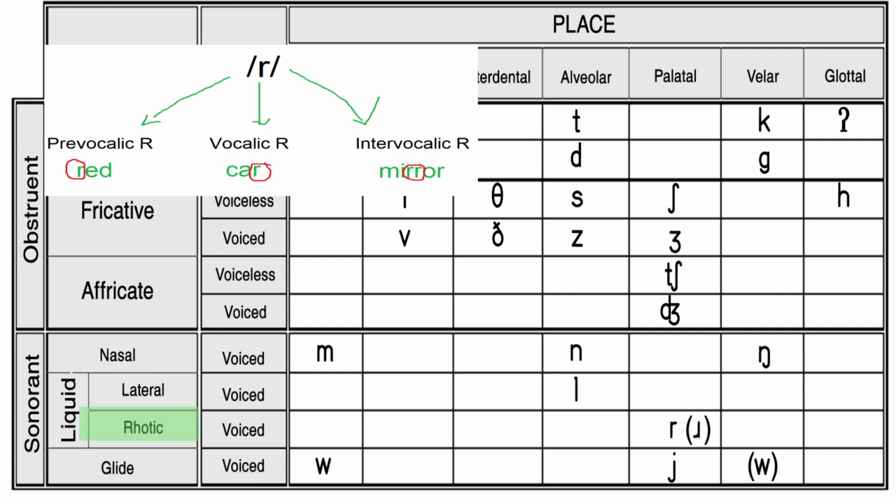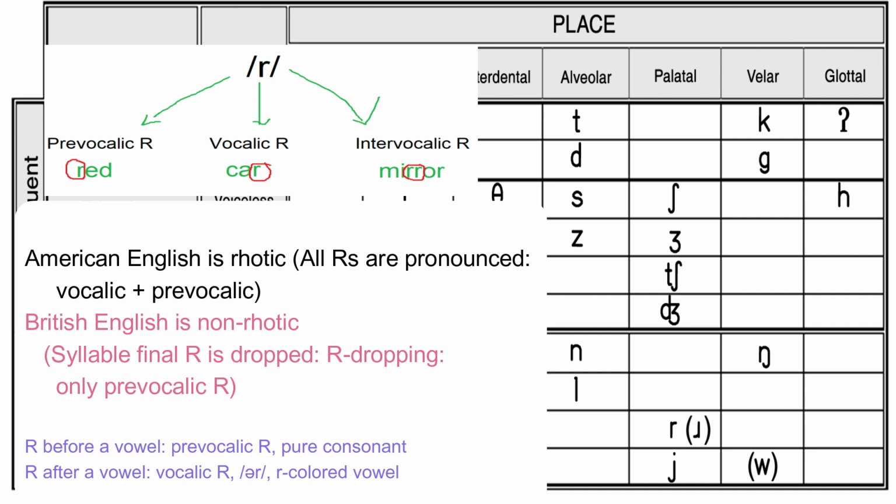American English is rhotic. Rhotic means the pronunciation of the syllable final R. Since British English is non-rhotic, the syllable final R is dropped. R that comes before a vowel in a syllable, or a syllable initial R, is called prevocalic R, and R that comes after a vowel in a syllable, or a syllable final R, is called vocalic R. The prevocalic R and vocalic R have different sound quality.